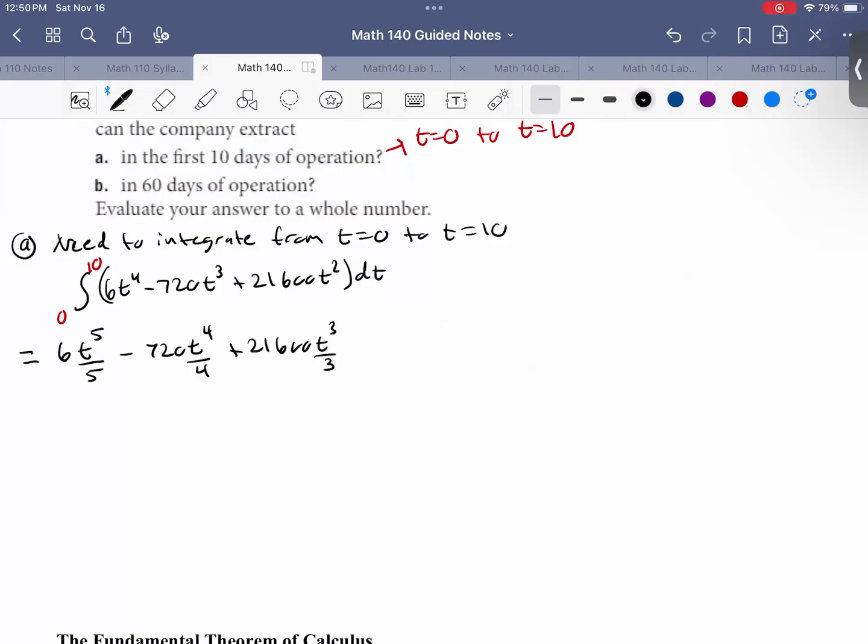Here we're not going to have a plus c, because we are integrating between two endpoints. We're accumulating, so this is from t equals 0 to t equals 10.